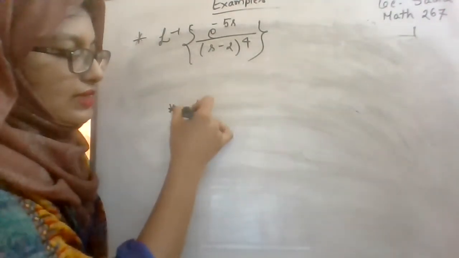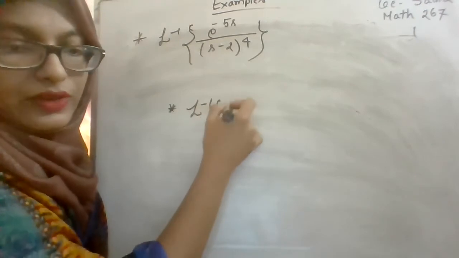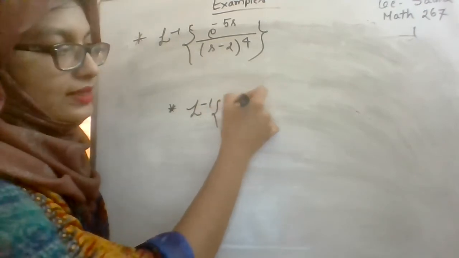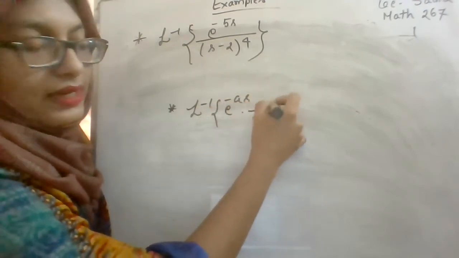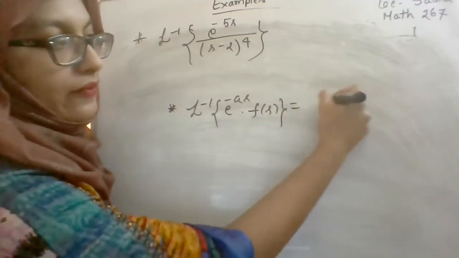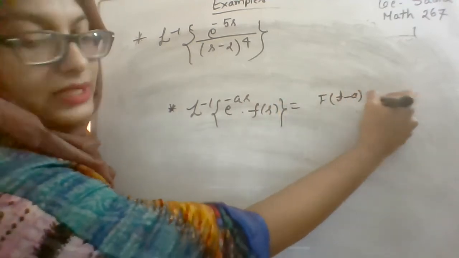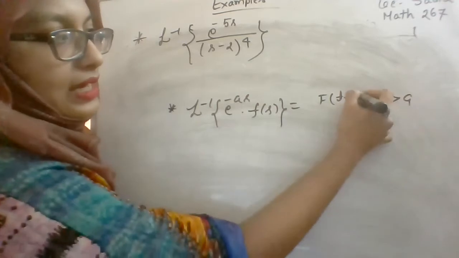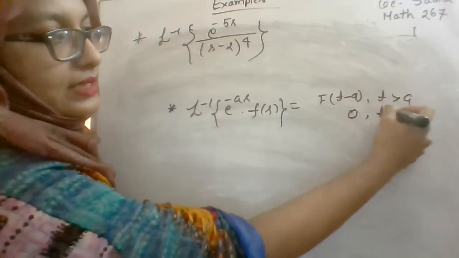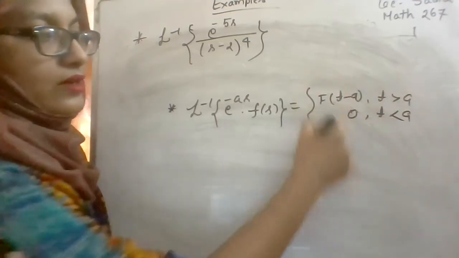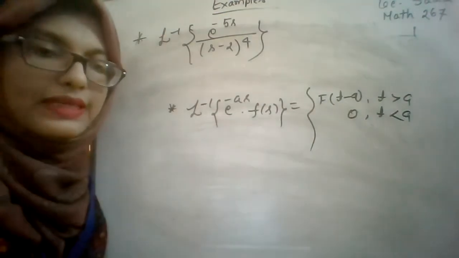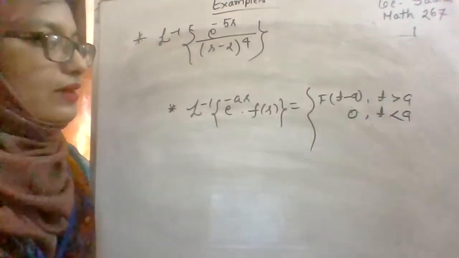The statement is: inverse Laplace transformation of e to the power minus as f of s is equal to f of t minus a for t greater than a and 0 for t less than a. That's the statement for the second translation or shifting property.